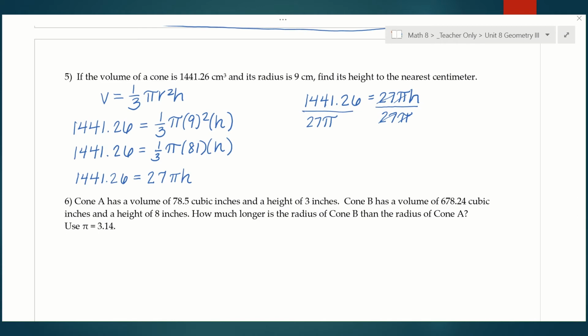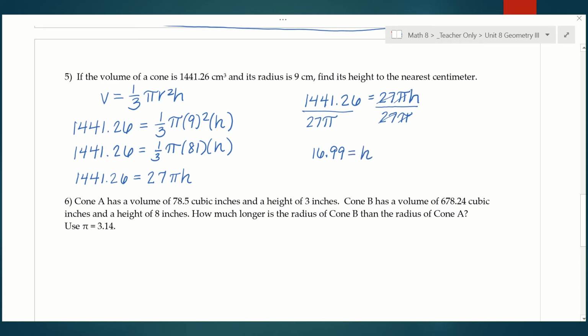So on the other side, what you're going to do is in your calculator, type in 1441.26 divided by 27 times pi. Okay, so remember using your pi key there. And once you get an answer, you should be getting something like 16.99 for your height.